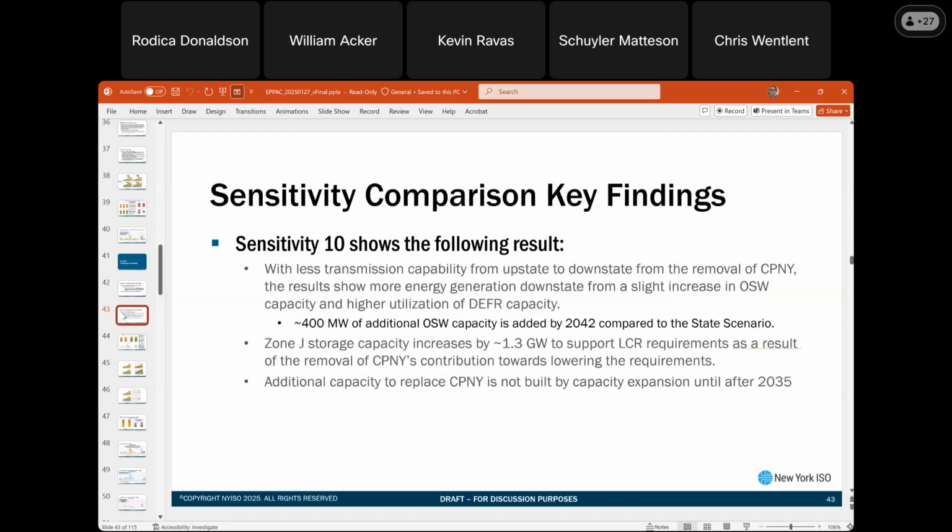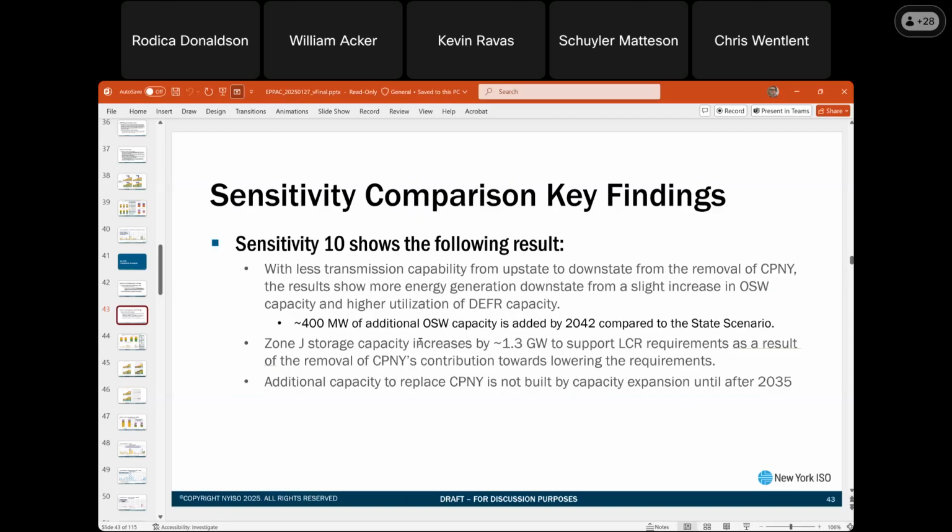In this sensitivity, with less transmission capability from upstate to downstate from the removal of CleanPath, we're seeing more energy generation downstate, and that's coming from a slight increase in offshore wind capacity, as well as higher utilization of DFR capacity.